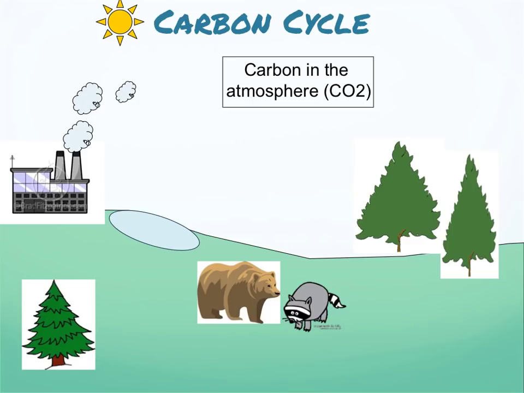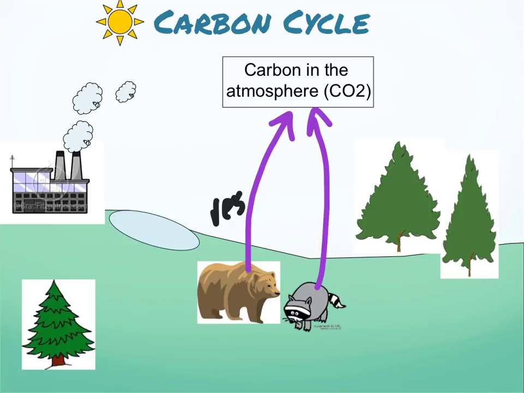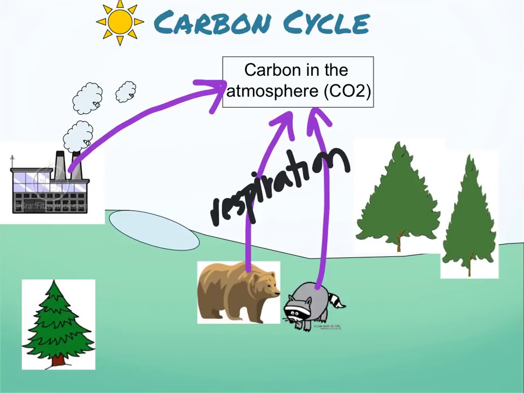So back to our diagram, we want to label these things on our picture along with the term name. So the first one we had was respiration. So we want to include some arrows from our little furry friends here going up into the atmosphere. I'm going to label that nice and clear with respiration. We also talked about combustion, burning of fossil fuels, releasing carbon into the atmosphere.